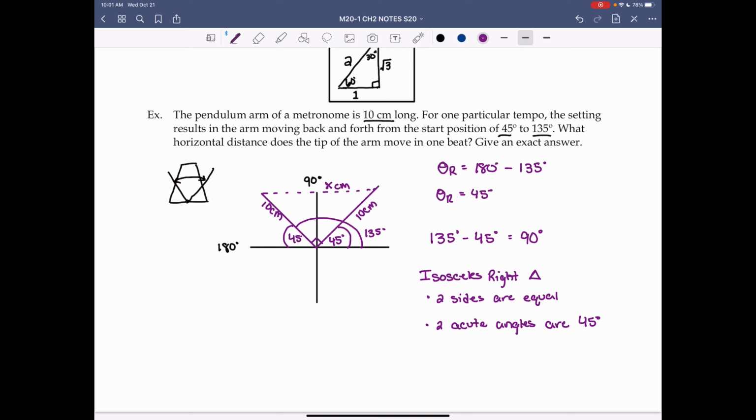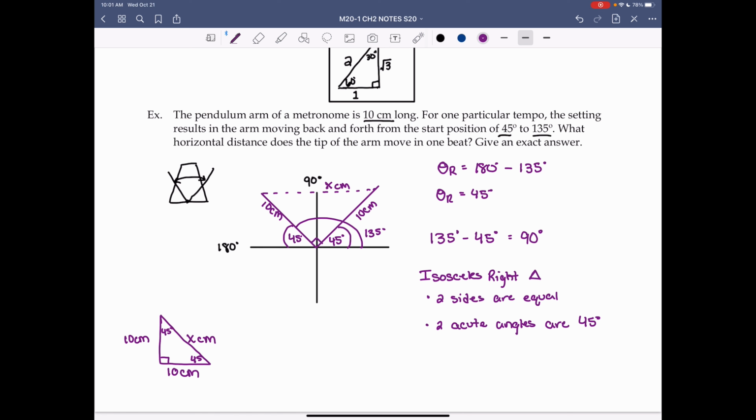So what we really have is a variation of one of our special triangles. Our arm lengths are 10 centimeters. Our angles are 45, 45, and 90, and we're trying to find the hypotenuse.